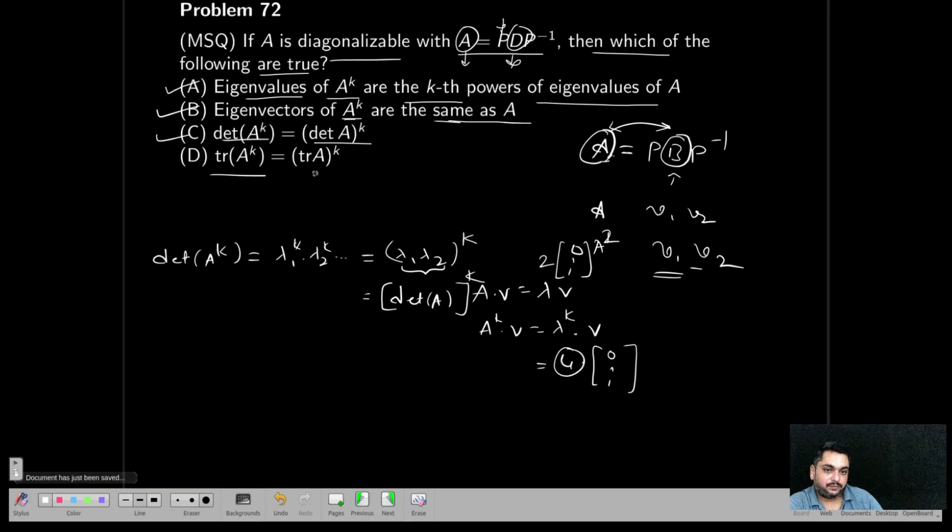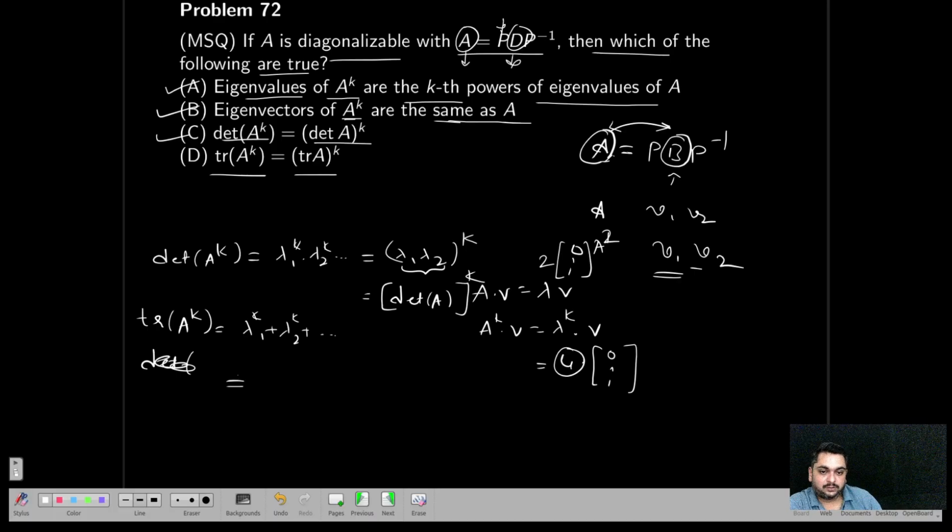Now, trace of A power k is equal to trace of A to the k. How will you write it? Trace of A power k is equal to the sum of all the eigenvalues, each to the power k.